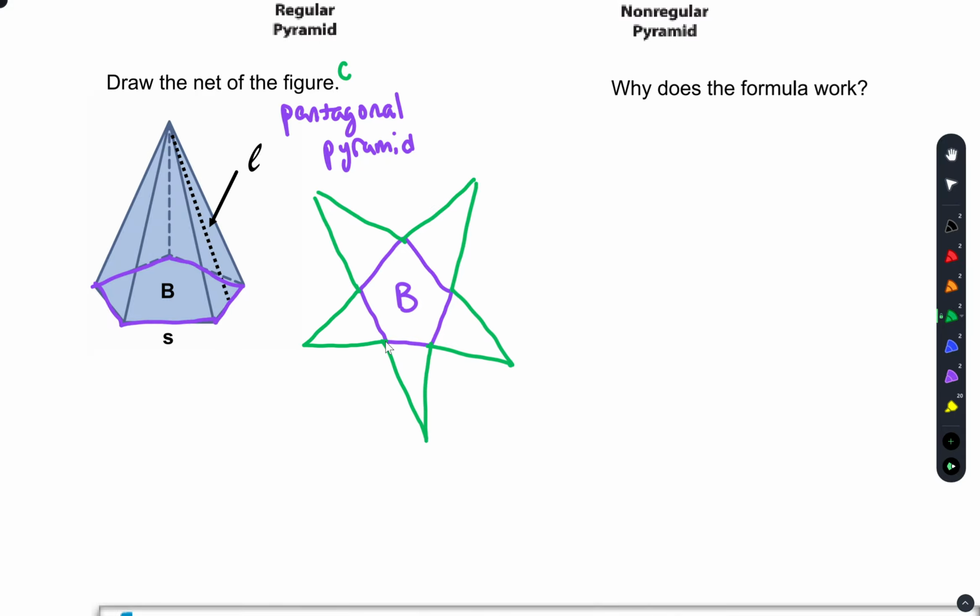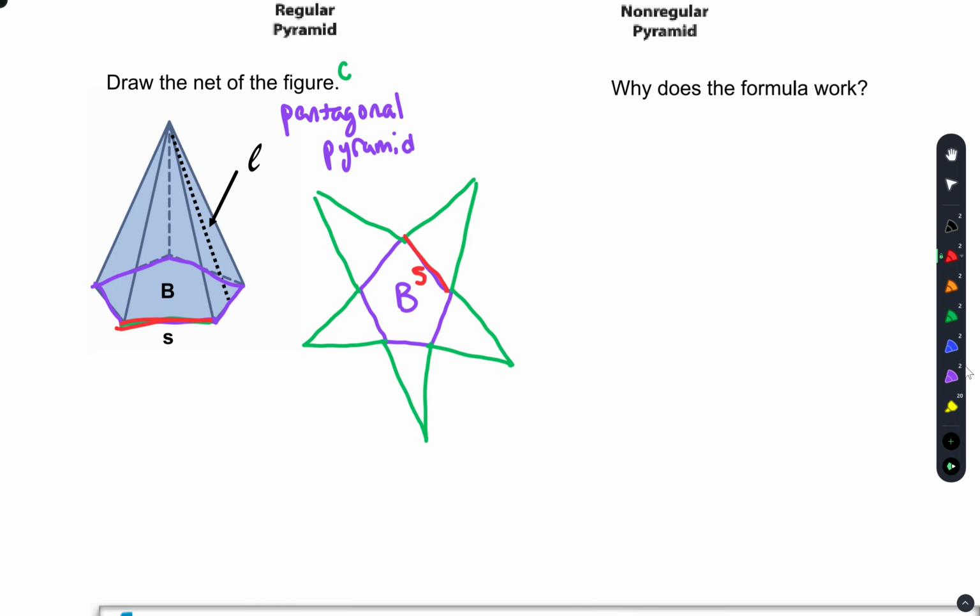There it is. Oh, that was so uneven. Okay, let's add some labels in. The base has a side length of S, so I'm going to label this guy as S.